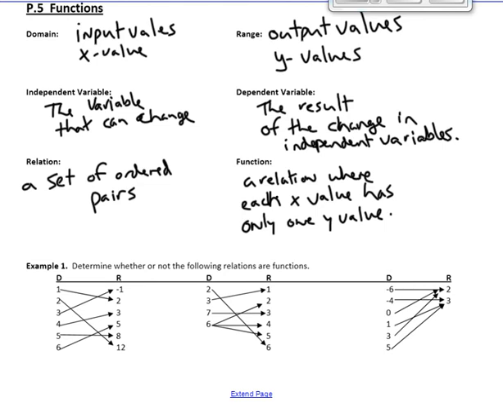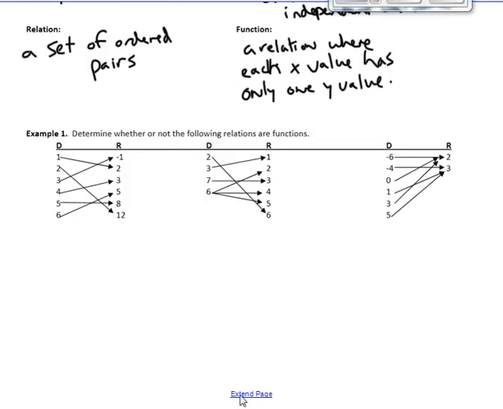So let's take a look at some examples here. Determine whether or not the following relations are functions. So I want to know, is the set of ordered pairs something that has an x value only going to one y value, has one domain going to one range.